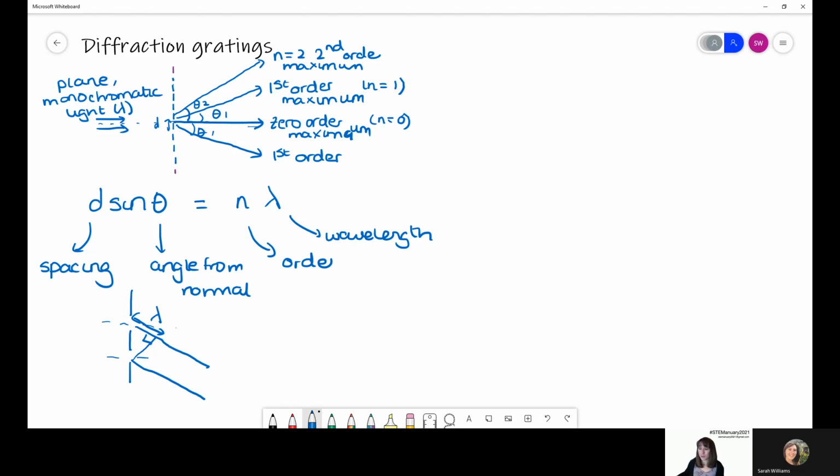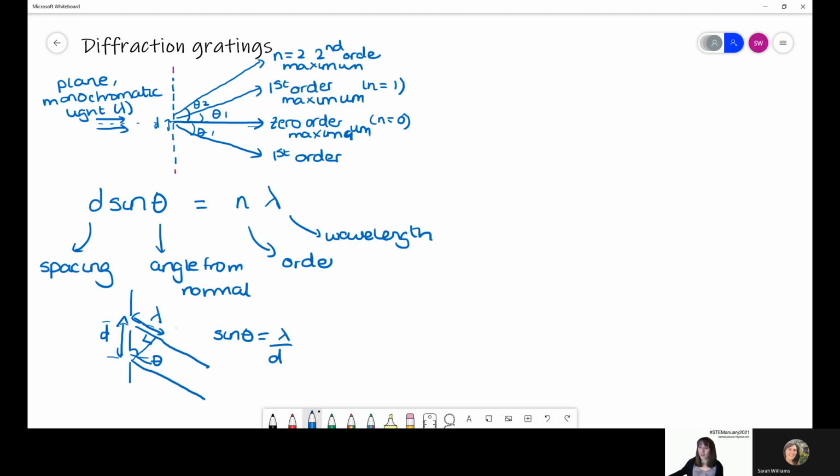And if you want to check this by trigonometry, we've got d here. And this is my angle theta. So sine theta is equal to lambda over d, or d sine theta is equal to lambda.